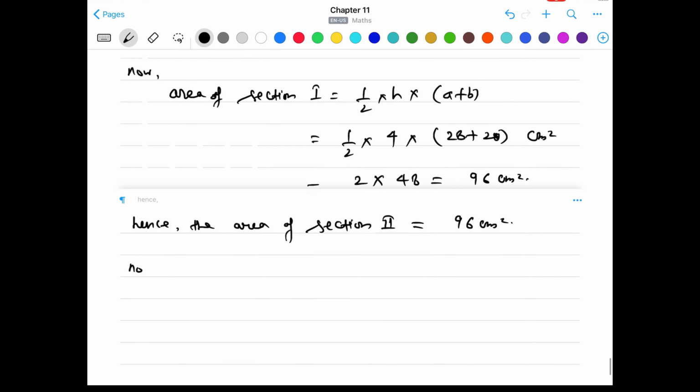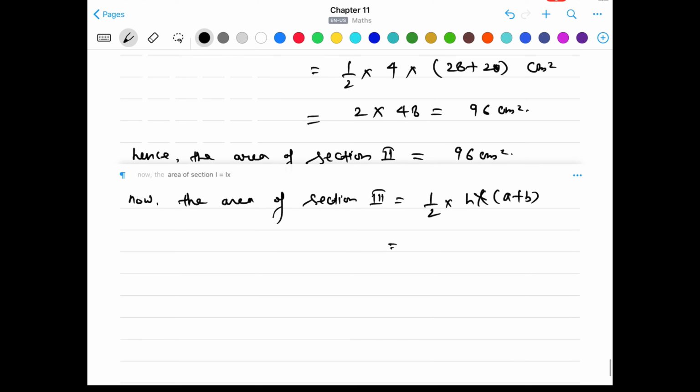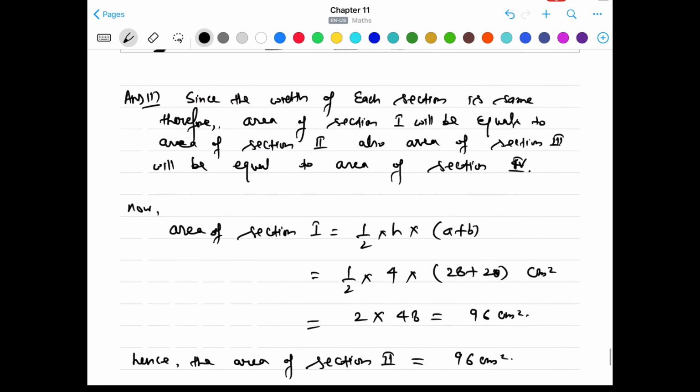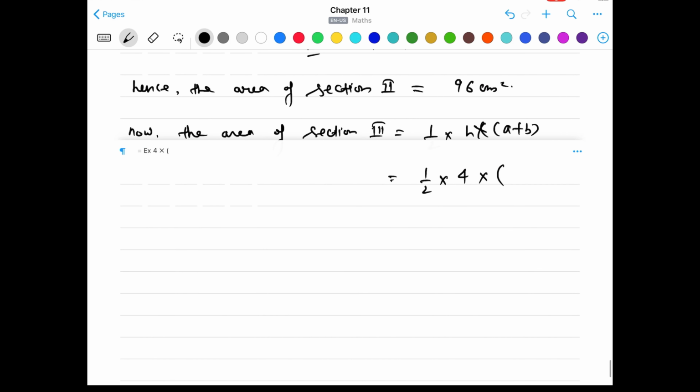Now we're going to calculate the area of section 3. The area of section 3 will again be a trapezium, that is half into h into a plus b. So we have 1 by 2, h here is again 4, and the parallel sides for section 3 are 24 and 16 centimeter.